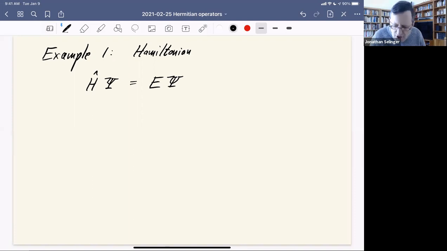This is an equation that we have seen before in this class, right? This is the time independent Schrodinger equation.